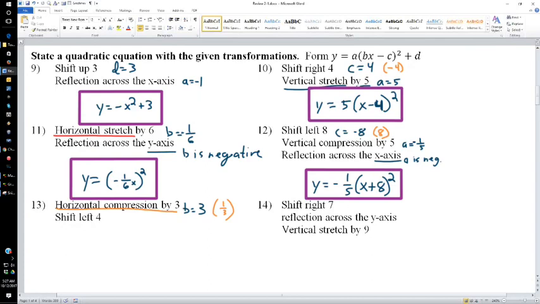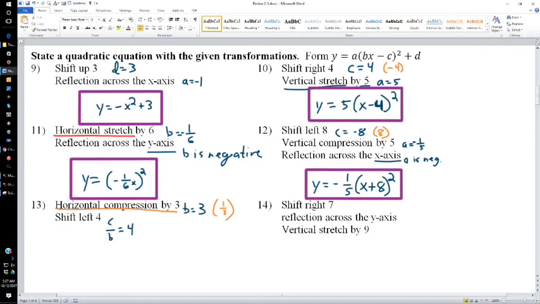Right? And then a shift left 4. Alright, so that would be your c value. But remember, your c value is always divided by b. Alright, so what divided by b is 4?